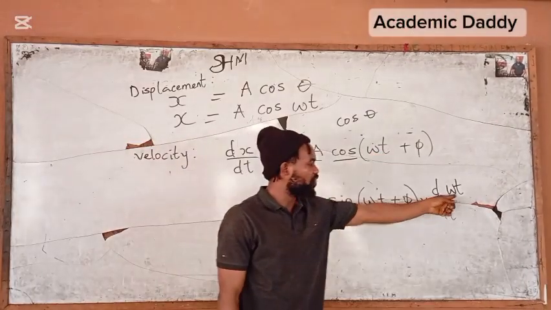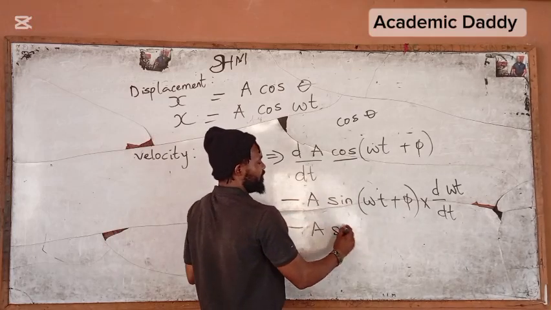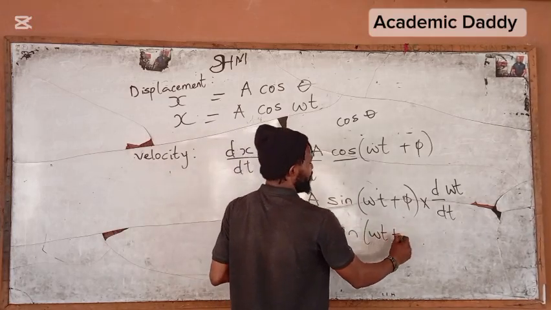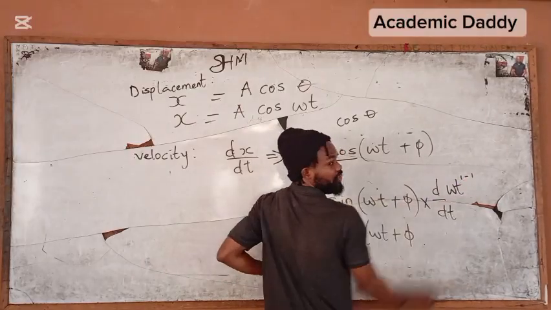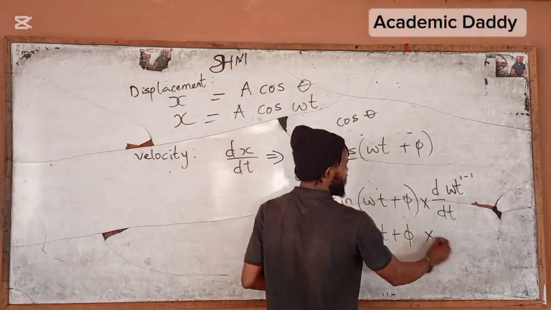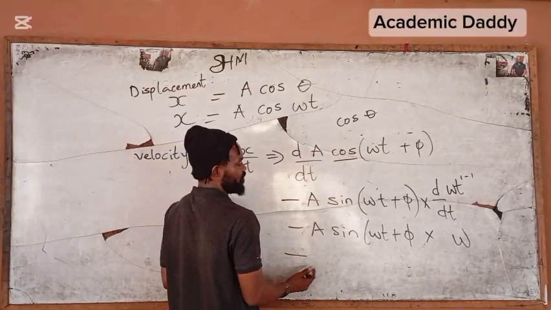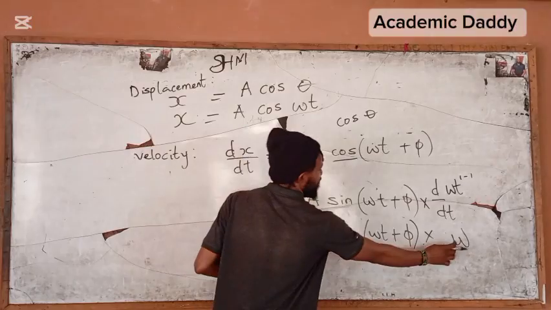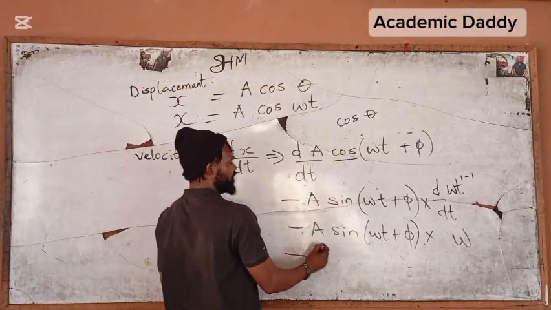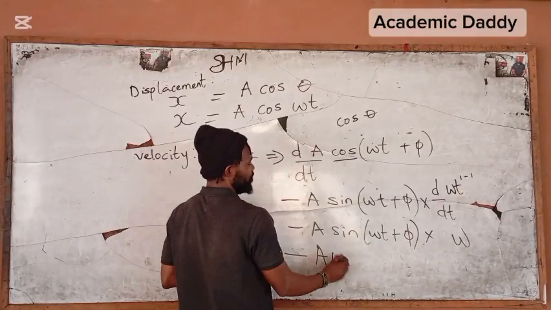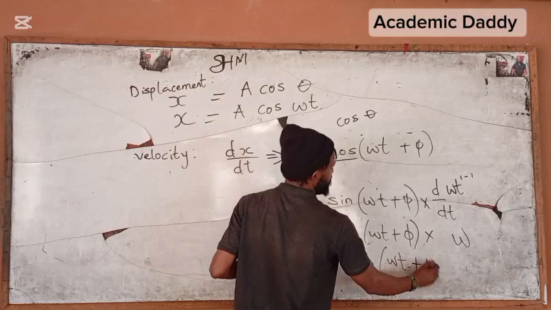When I differentiate wt plus the phase angle with respect to time, this is going to be 1 plus 0, which is 1. So I now have times w. Remember this one is a constant. So this is the same as saying minus A times w times sine wt plus the phase angle.